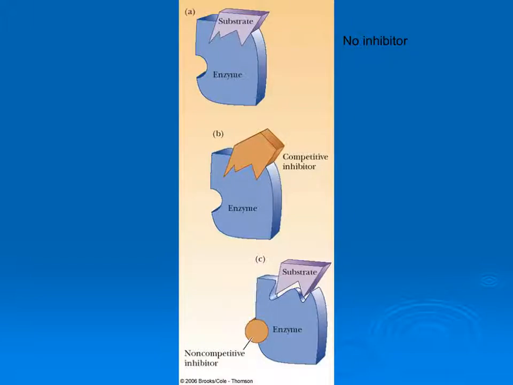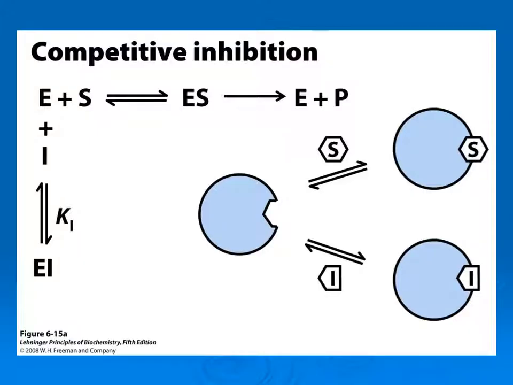Let's think about it in the kind of reaction mechanism schemes that we've seen so far and explain it. And then we're going to put that to Michaelis-Menten and Lineweaver-Burk graphs. Like, what does it look like? This is a really important concept to get down. So this is competitive. We have E plus S makes the Michaelis complex, which makes E plus P. If it's competing for the same binding site, that's what this little cartoon is trying to show you, that means it can only bind to free enzyme.